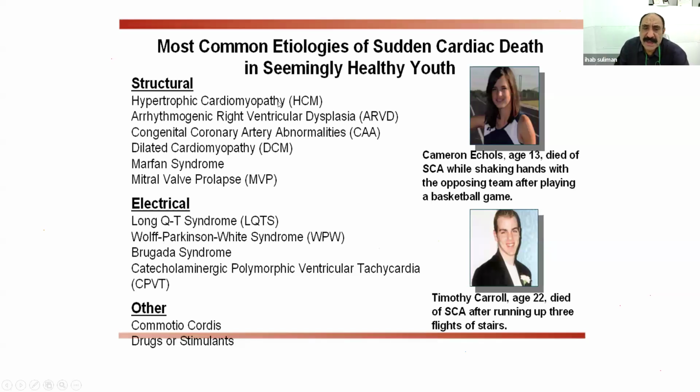Of course, hypertrophic cardiomyopathy, and we will show you an ECG example, is one of the most famous causes of sudden cardiac death of the young. It has been postulated that 1/3 of all young people's deaths is due to hypertrophic cardiomyopathy.